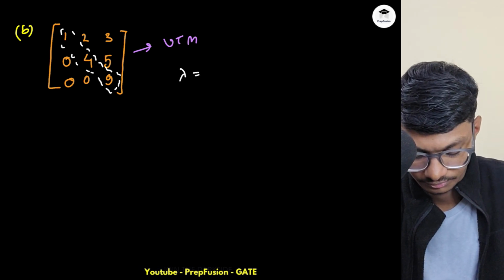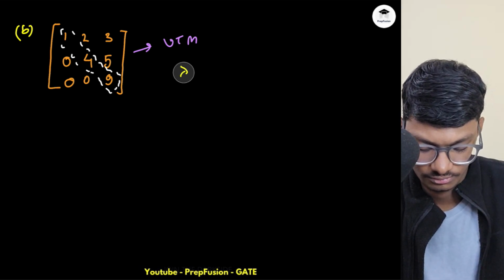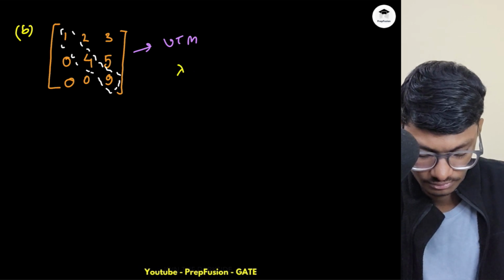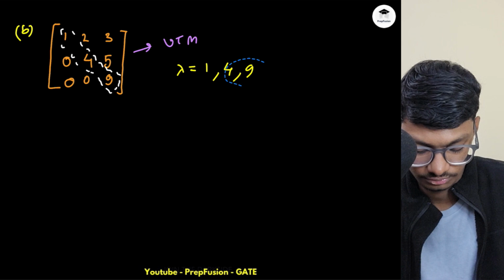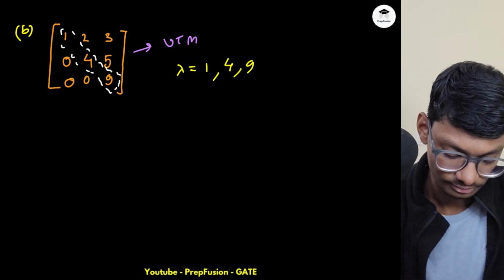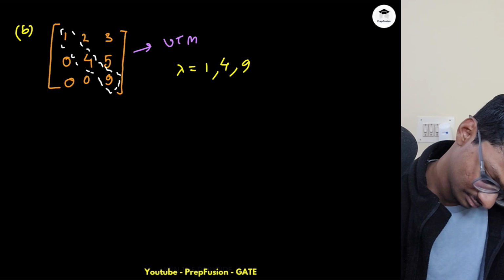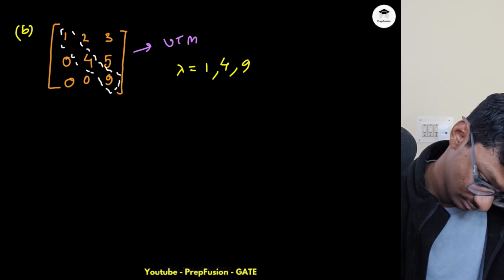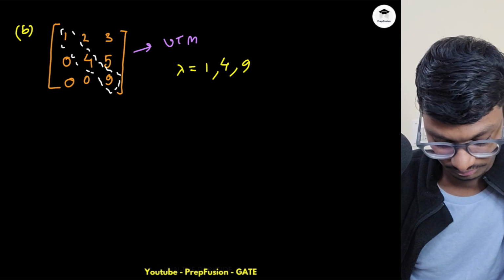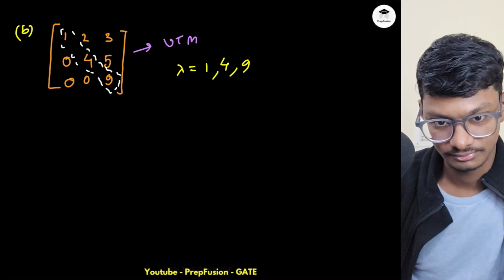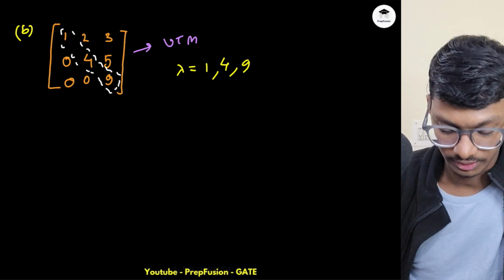So lambda equals 1, 4, 9. Okay, so the eigenvalues are 1, 4, 9.